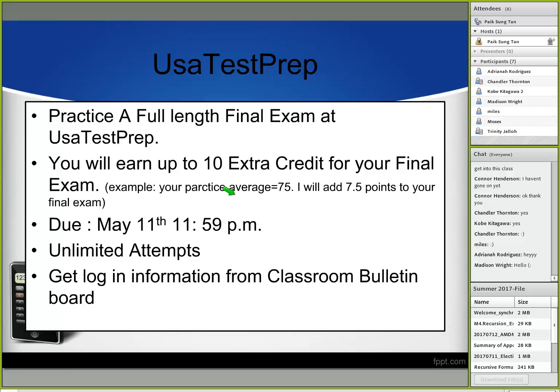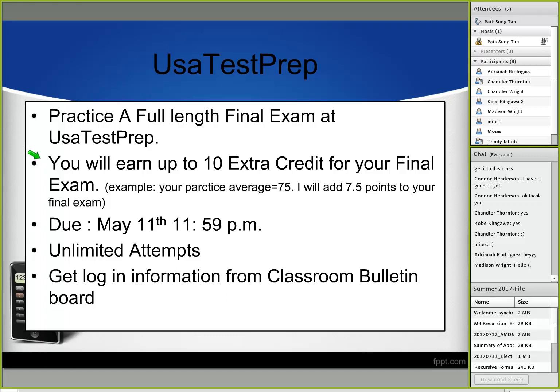Oh, this information is not updated. I'm sorry. Anyhow, the date of the final exam is not updated. But I am giving all of you extra credit in USA Test Prep towards your final exam. But you have to complete it by tomorrow midnight. Those are hand-picked questions that are the closest that I can pick from USA Test Prep that can help you with your final exam.